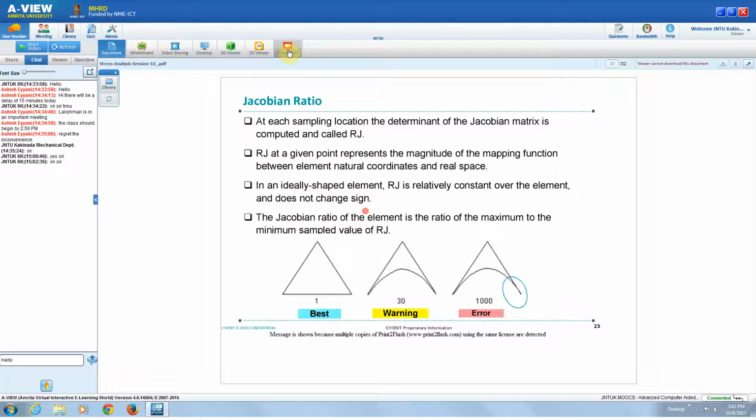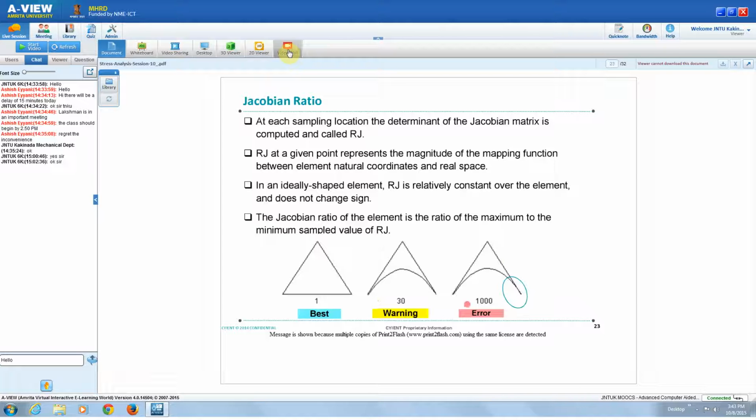For an ideally shaped element like a perfect square, the Jacobian ratio will be constant in all four locations. So for example, for this tria, it's perfectly shaped, so it will have Jacobian ratio 1 because the Jacobians will be constant at all the locations.